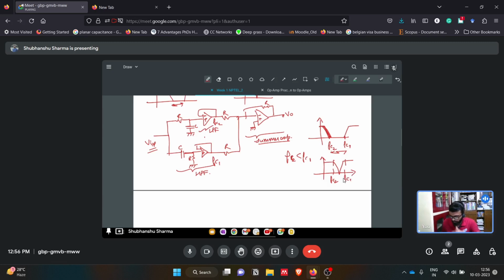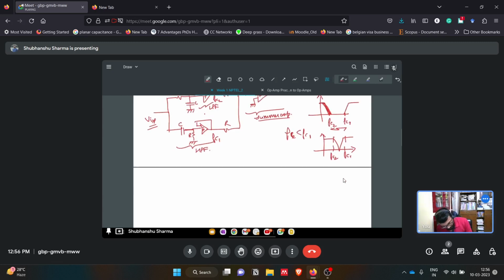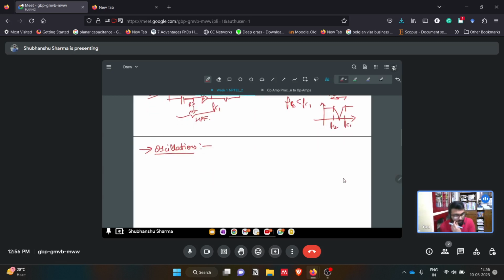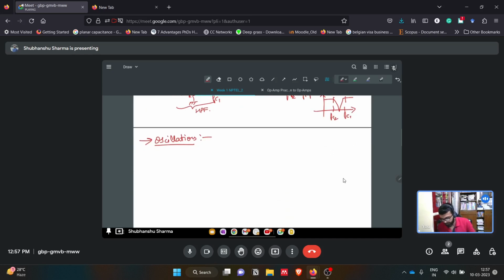Then we also talked about oscillators. In further weeks, we'll be talking about them in more detail, so just here I will be giving a brief overview of oscillators. Oscillators are based on Barkhausen criteria, which says that modulus of A beta should be equal to 1.